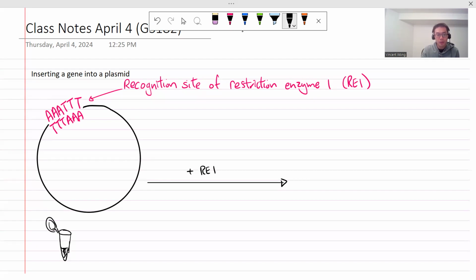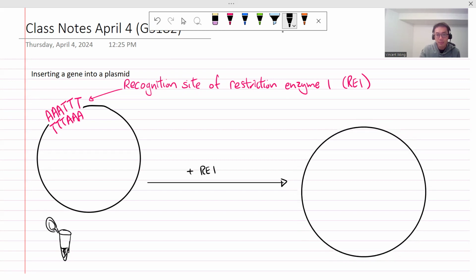And what the restriction enzyme will do is cut it up. And I'm just making this up.